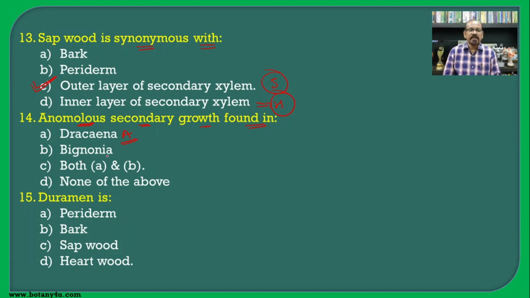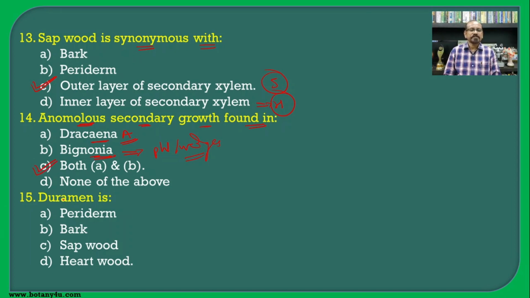In a similar manner, in the Bignonia, which is a climber and dicotyledon, it also shows anomalous secondary growth, because in the Bignonia there is a formation of phloem wedges, and these phloem wedges are formed because of the unequal activity of the cambium, that is also known as anomalous activity of the cambium, and hence in both, that is Dracaena and the Bignonia, there is anomalous secondary growth, and hence both A and B become the answer for this question.